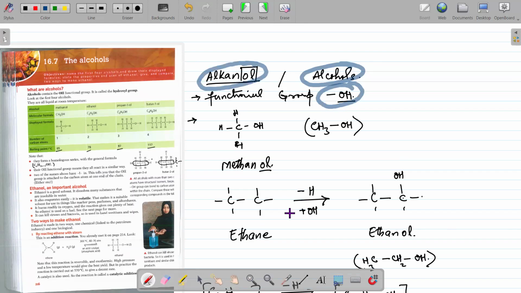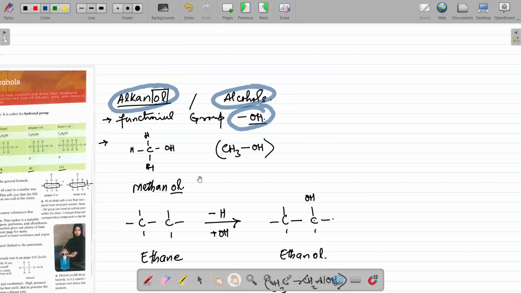That is very important. The word alkanol is derived from the word alkane. How? The ending E of an alkane is replaced by OL. This helps us in naming the members of this class of compounds. Is it clear? Yeah.